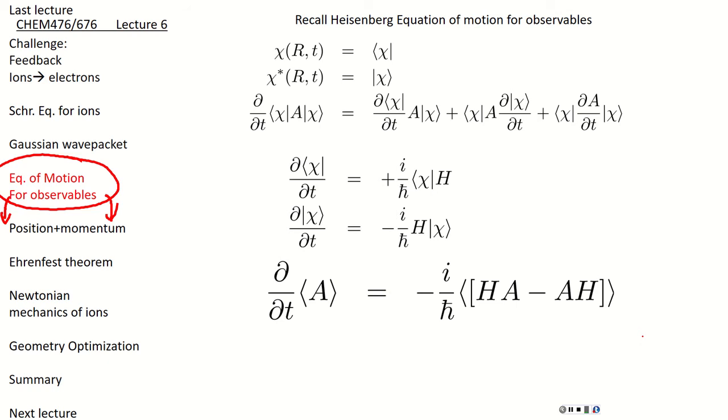The time dependence of the expectation value of an operator is, so here we just apply the derivative. First, second, and third terms. Then we drop the last one and take the idea that this time derivative of the ket vector is the normal Schrödinger equation, and the time derivative of the bra vector is what?